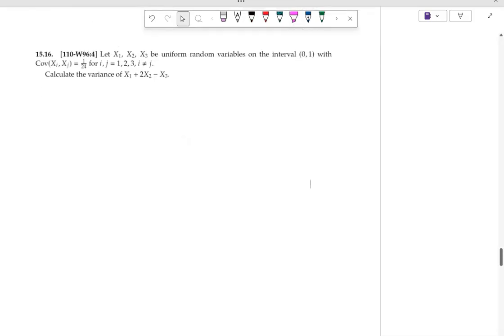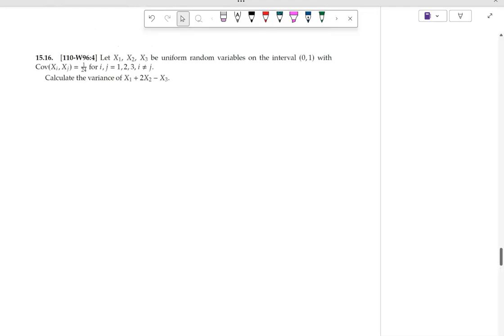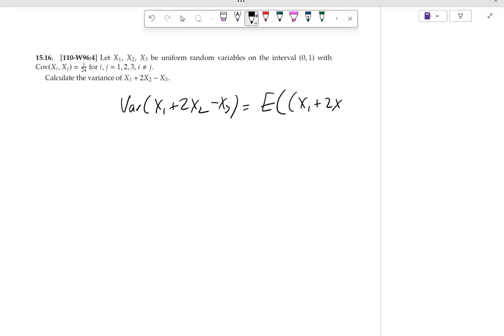The reason why, if you want to go through and practice, remember again your variance of this thing is the expected value of the square, and then minus the square of the expected value.